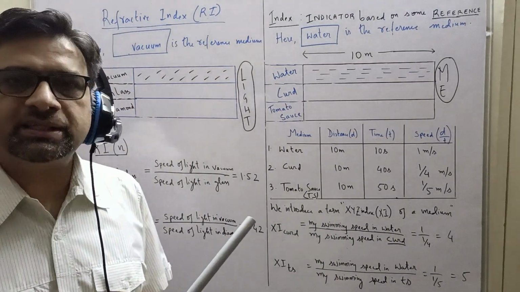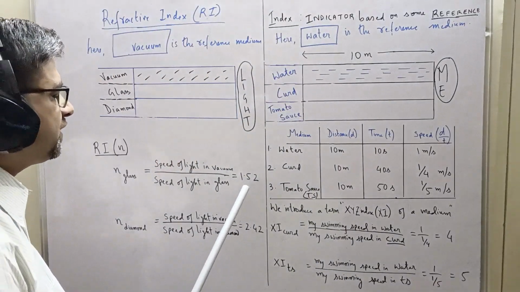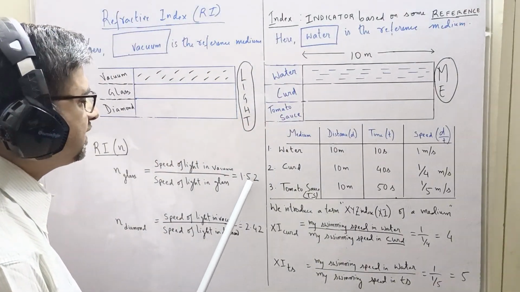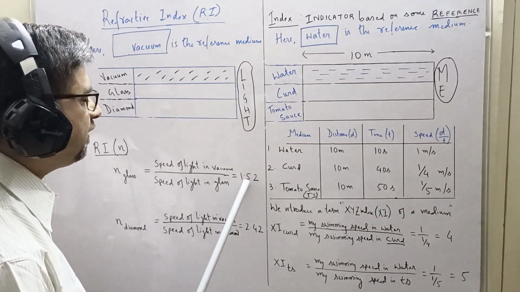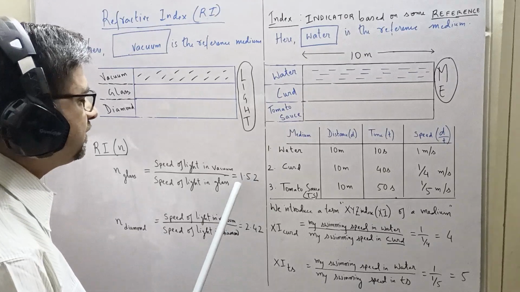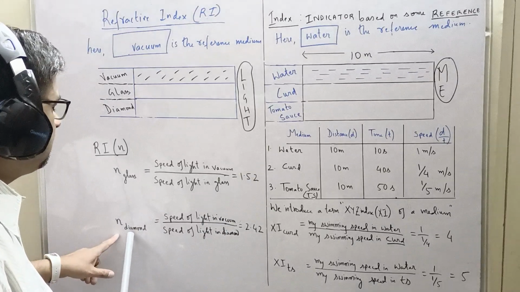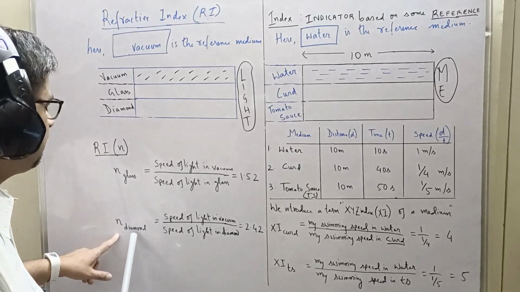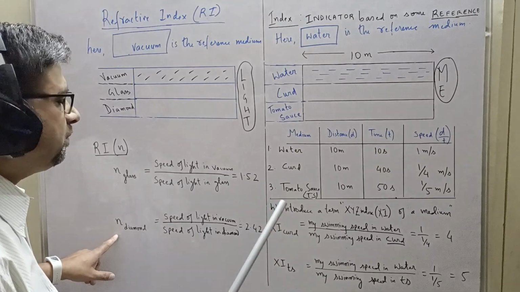What does this number say? It says that the speed of light in vacuum is 1.52 times the speed of light in glass. And when it comes to the refractive index of diamond, it is 2.42, and this number tells me what?